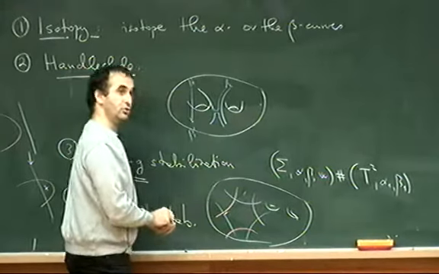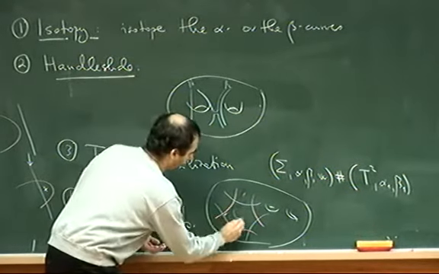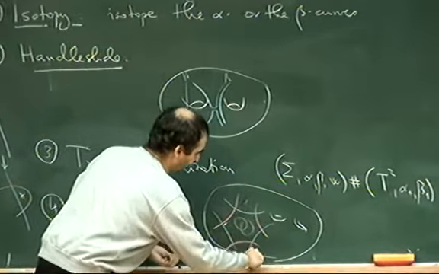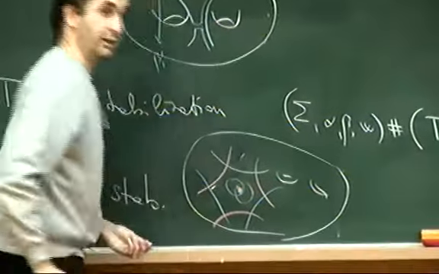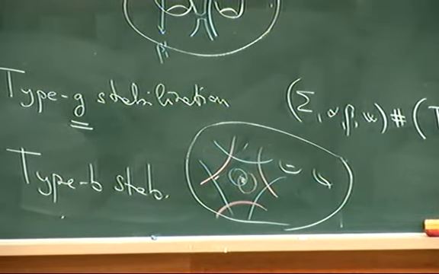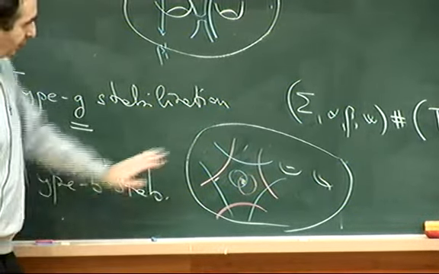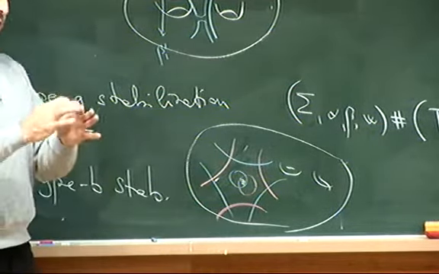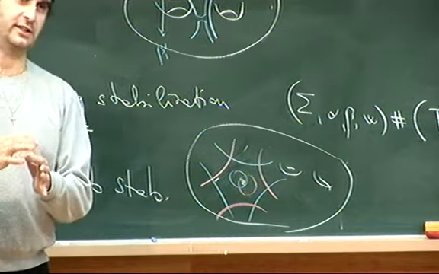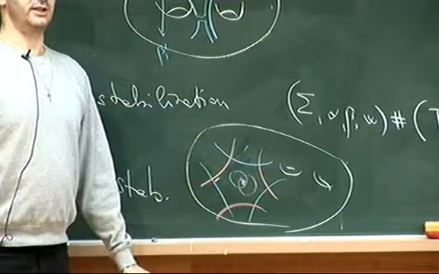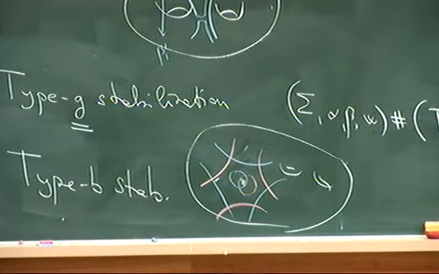I just put two new curves, an alpha and a beta, and I put the W in here. Of course, you can formalize it by saying that you pick two disks in a component of sigma minus alpha minus beta, such that the boundary curves intersect each other in exactly two points, and you put a base point in the intersection of the disks.